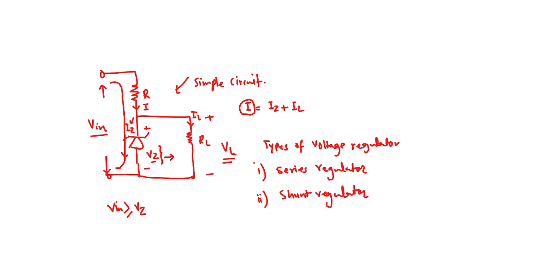And these are the types of linear regulators. And the second category, let's say this is part A, and part B is called the switching type of regulator, so you use a switching element. So these are the types of voltage regulators.